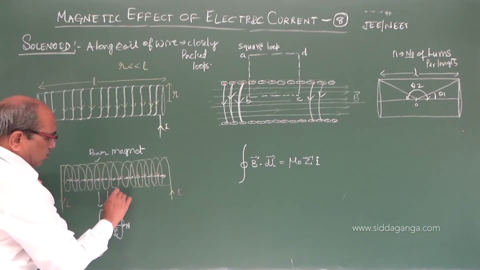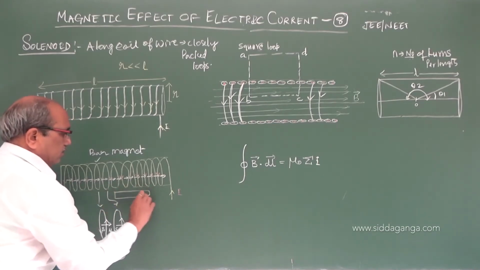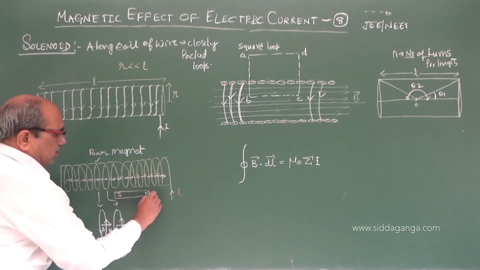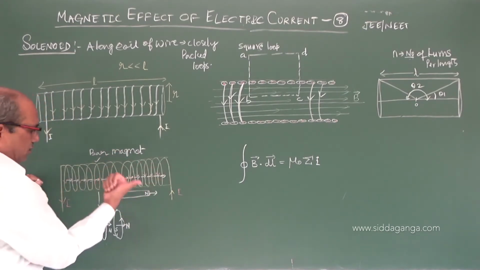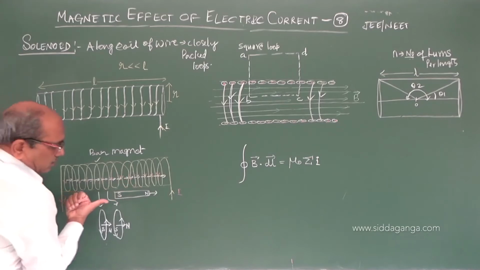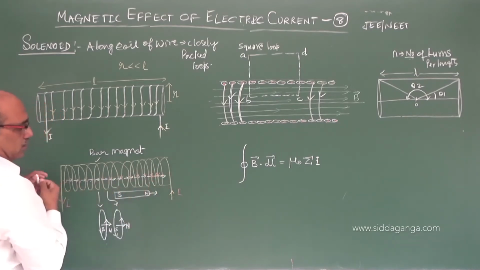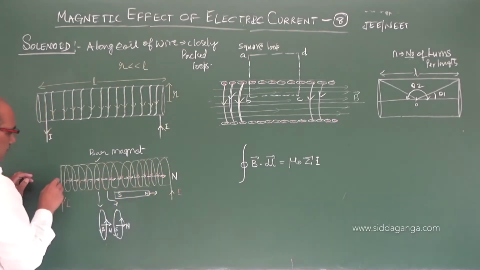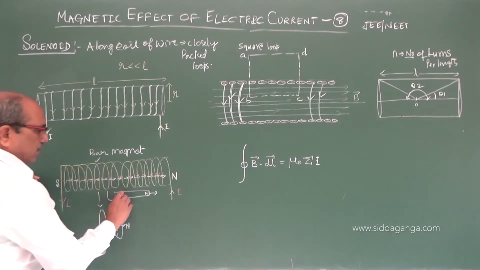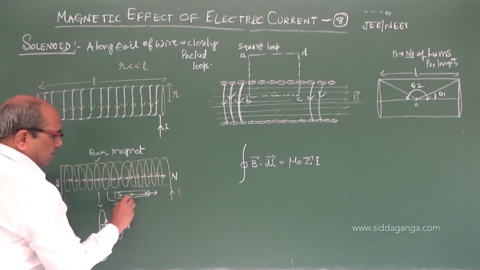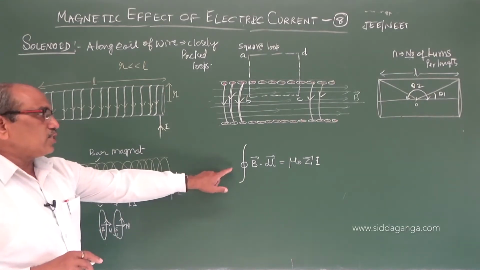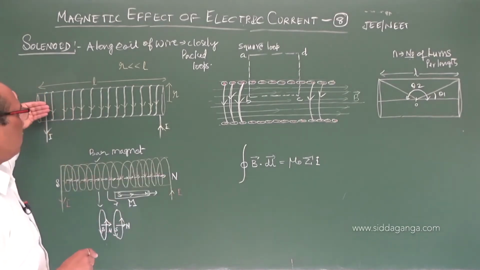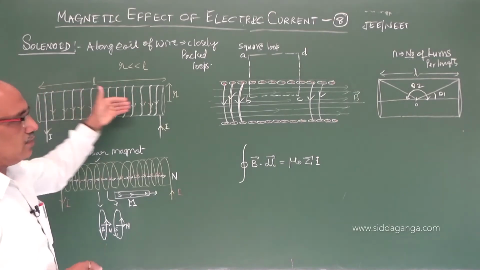It can be thought of as a bar magnet with north and south poles. In this case, current flows in this direction, so the magnetic north pole is towards the right and this end is the south pole. Now I have to get the expression for the magnetic field along the axis of a solenoid.